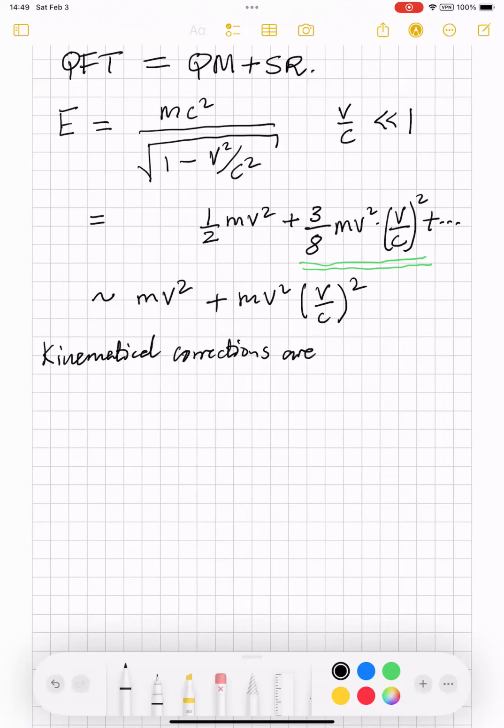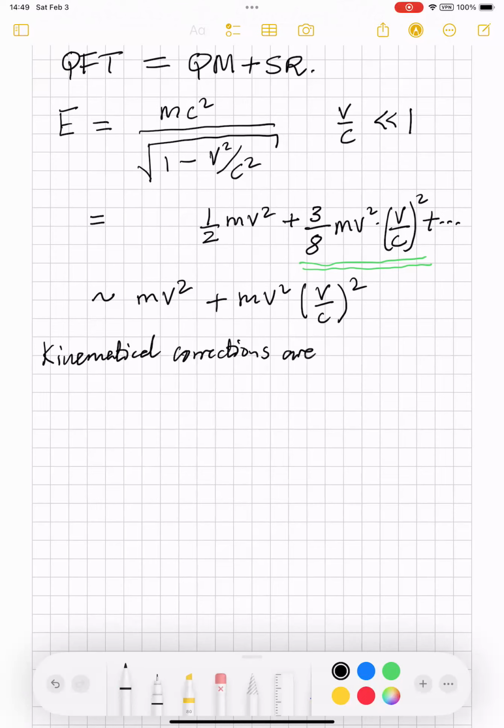This sentence summarizes the calculation that we just did. So you know exactly what I mean when I say it's of size v squared over c squared. I mean, take the correction, divide by the first term, and you'll have something of size v squared over c squared. Good.